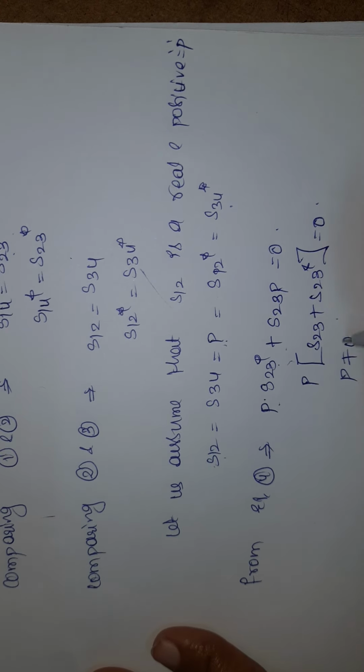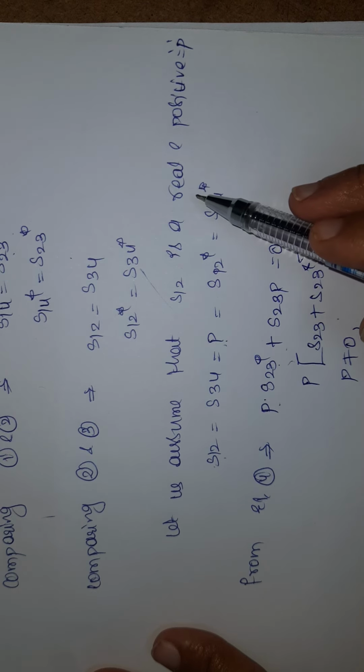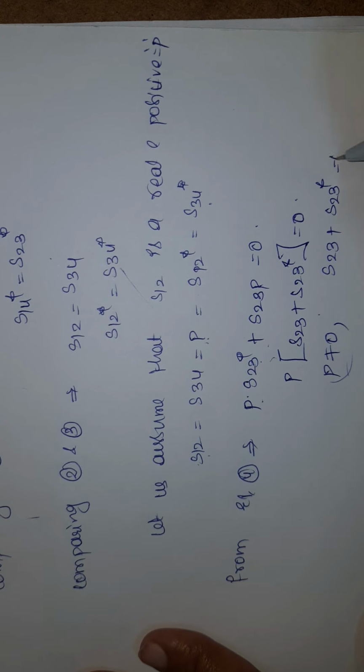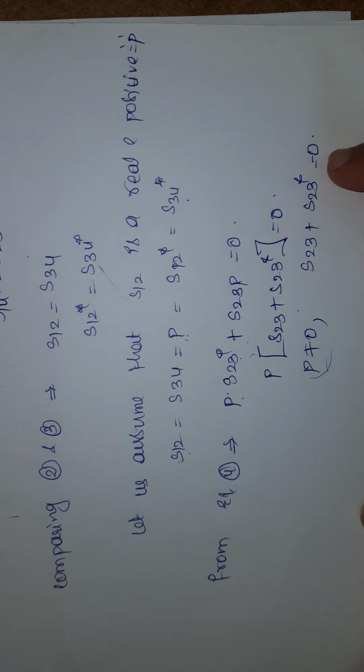As P is not equal to 0, because P is a real and positive term, it is not a 0 term, so it should not be equal to 0. Since P is not equal to 0, the other term should be equal to 0. So S23 plus S23 star equal to 0 means S23 is an imaginary term.